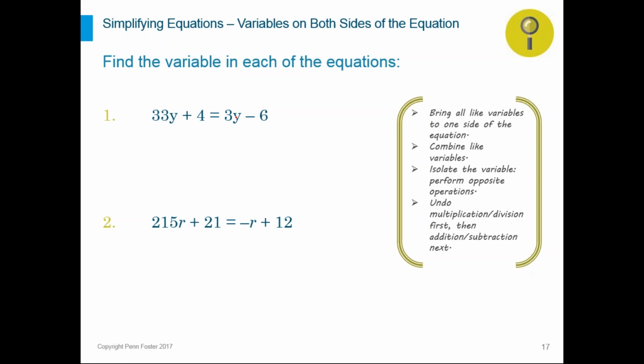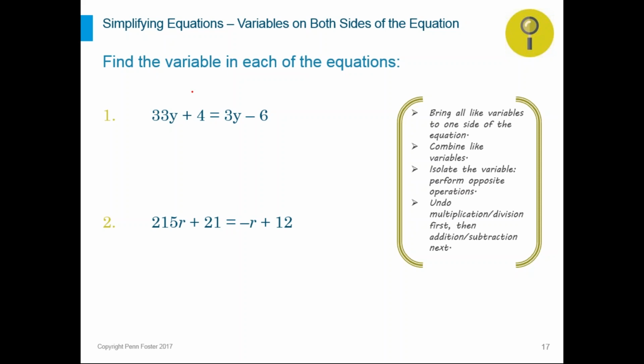So the first step, I need to combine like terms. To do that, I need to bring this 3y over to the left-hand side of the equation and then combine the like terms. How can I do that? Well, to move anything from left to right or right to left, you have to undo an operation.